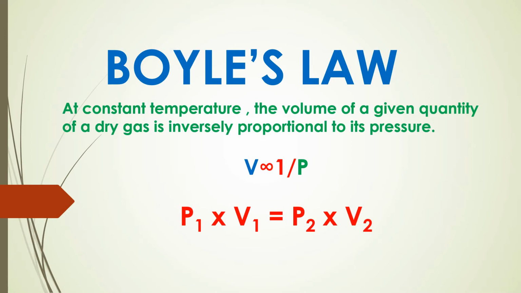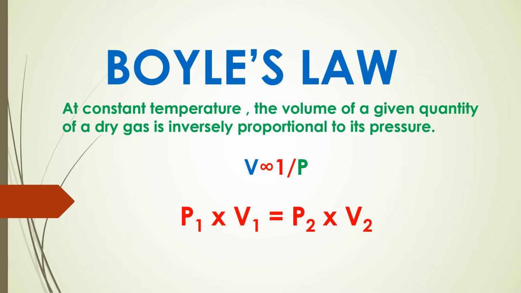This relation is used to solve the numericals based on volume and pressure at constant temperature. So, these types of conditions are solved by using the Boyle's law equation.